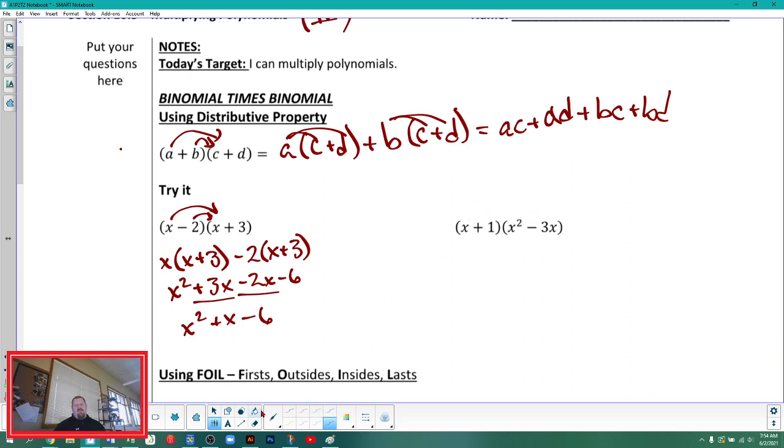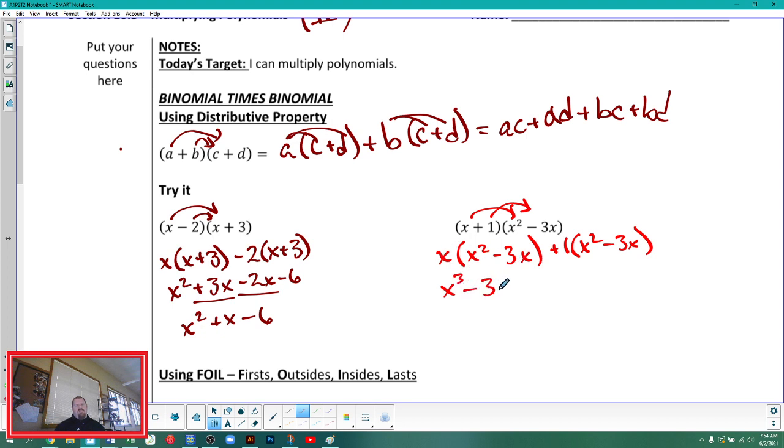In the next one, I'm doing the same thing. Take the x, multiply it by the parentheses, take the 1, multiply it by the parentheses. X times x squared minus 3x. Got to copy things down right, otherwise you get problems wrong. And then plus 1 times x squared minus 3x. X times x squared is actually x to the third power.